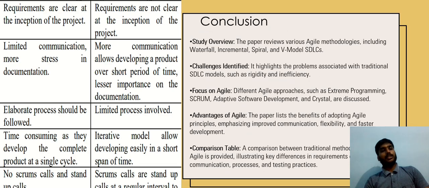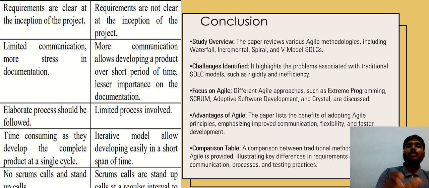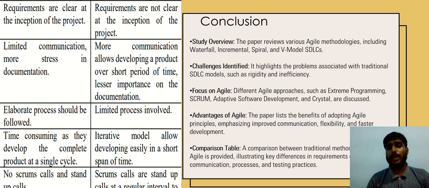The conclusions. When we compare the traditional methodology and agile methodology, let us think. In traditional, requirements were clear at inception of the project. When we come to the agile methodology, requirements are not clear at the inception of the project. Then limited communication, more stress on documentation. In agile methodology, more communication allows developing a product over a short period of time, with lesser importance on documentation.